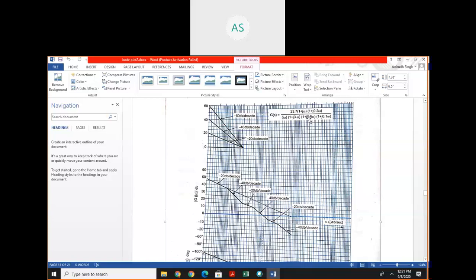And the next corner frequency is 2, and from this corner frequency the second pole is activated, so this slope changes from minus 20 to minus 40, and the next corner frequency is 5, and from here one zero is added, so the slope of this line changes from minus 40 to minus 20, and the last corner frequency is 10 radians per second, and at this corner frequency one pole is added, so slope changes from minus 20 to minus 40, and this is the final magnitude Bode plot.